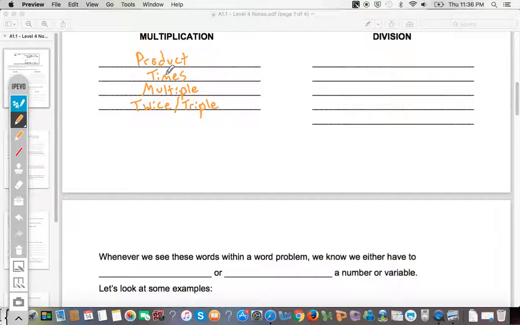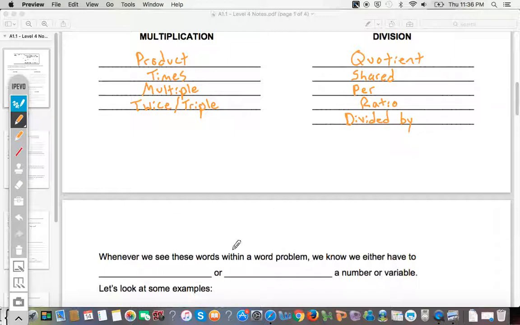Okay, let's go over to division. We have quotient, shared. If someone or something is sharing something, it will be divided. Per, ratio, and last but not least, divided by.